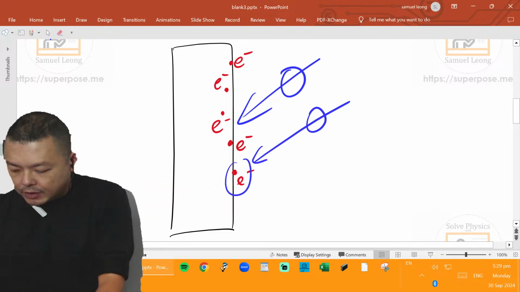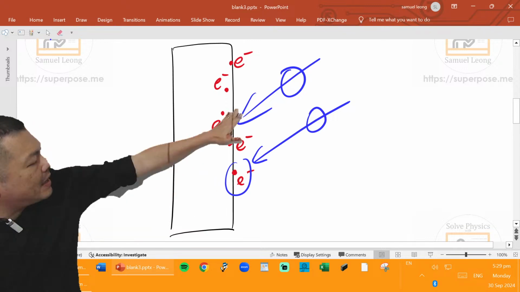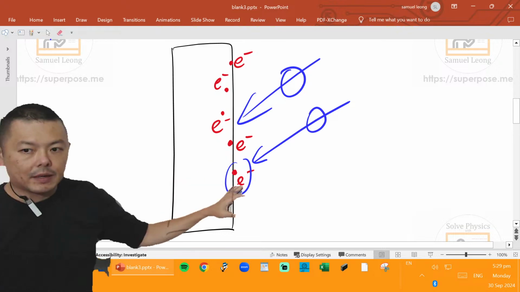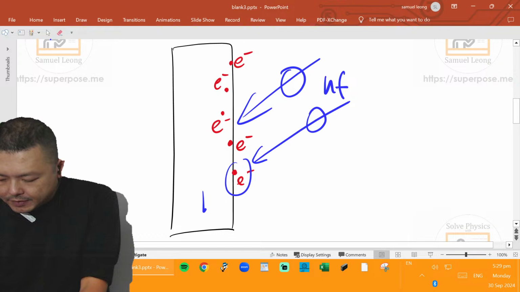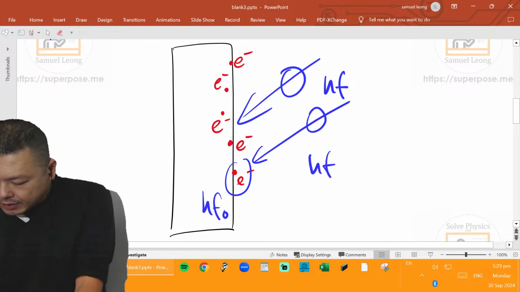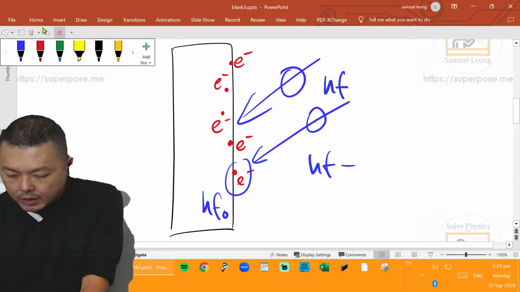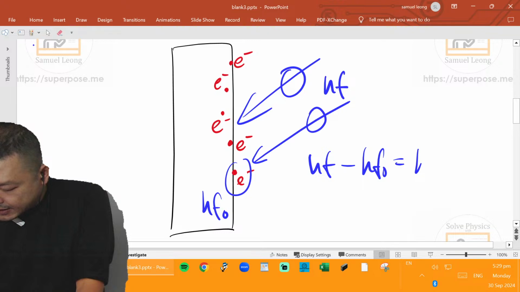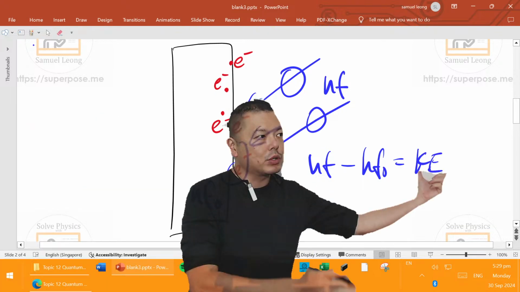Some of them are embedded further inside, some of them are slightly further outside. So when you take hf minus hf naught, you get Ke. This Ke is actually the Ke of the most loosely bound electron.